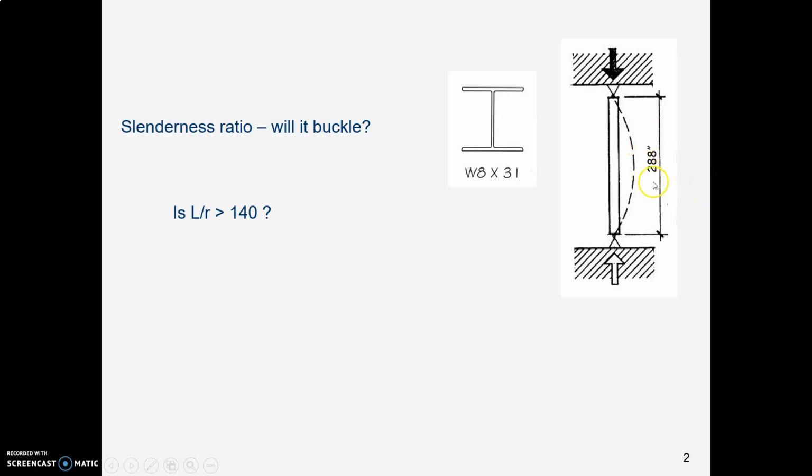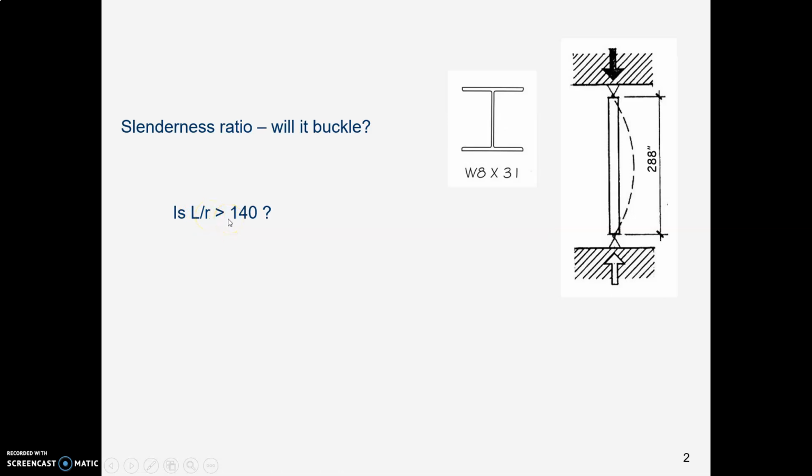Now that we know it's 288 inches, so we have all our units in inches, let's look at the slenderness ratio. Is it slender enough that it will buckle or could buckle? This is a steel column, so we're going to use this formula, length divided by radius of gyration.